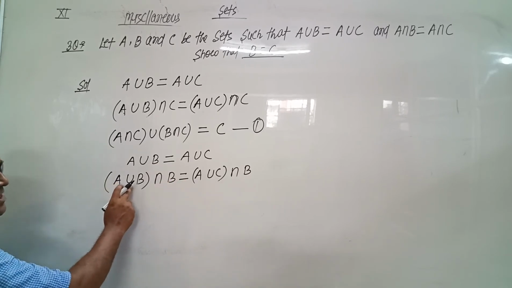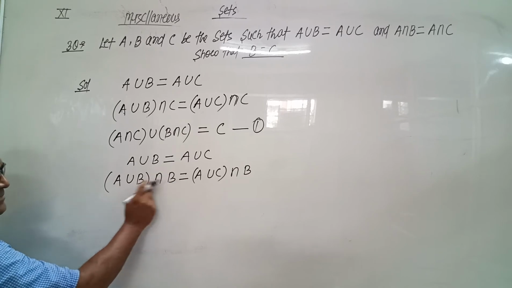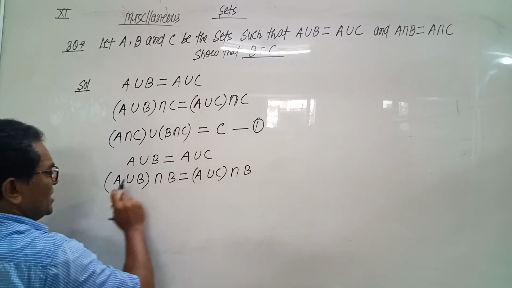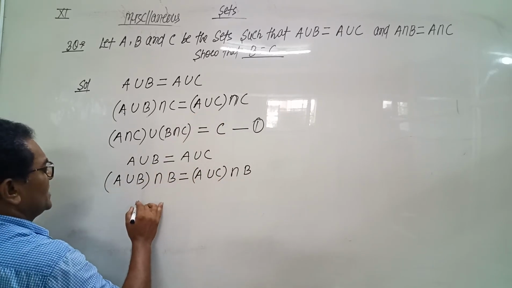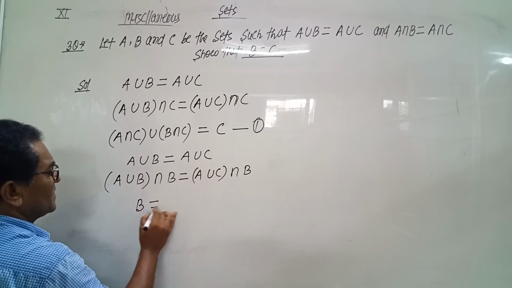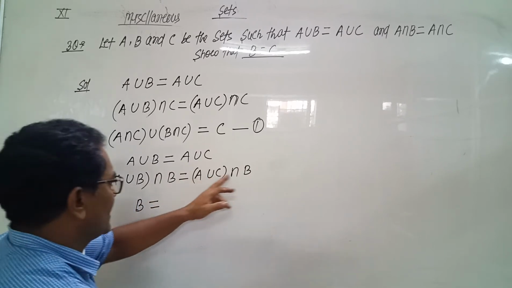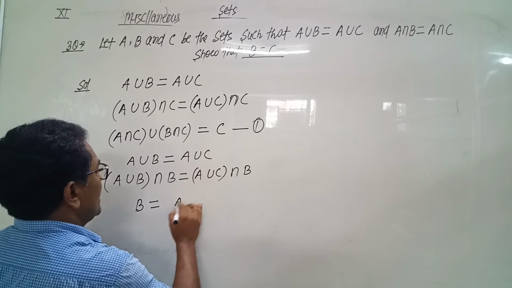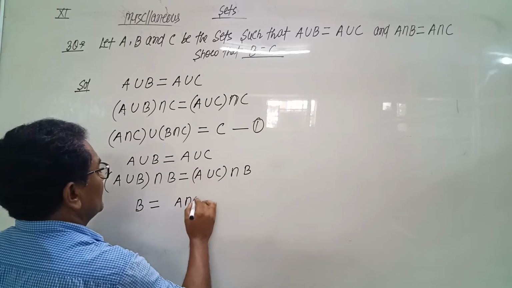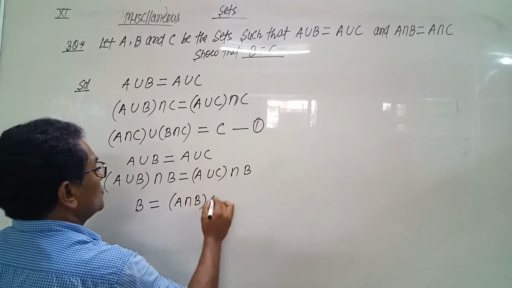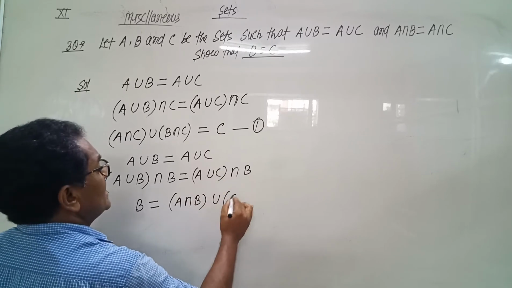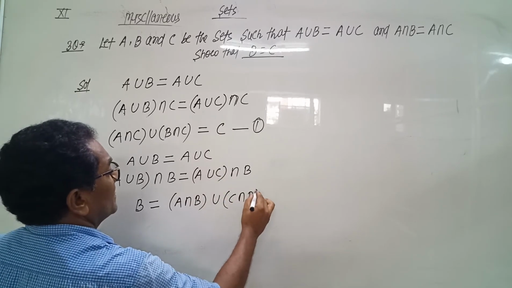So (A union B) intersection B becomes B. And by the distributive law this can be written as (A intersection B) union (C intersection B).